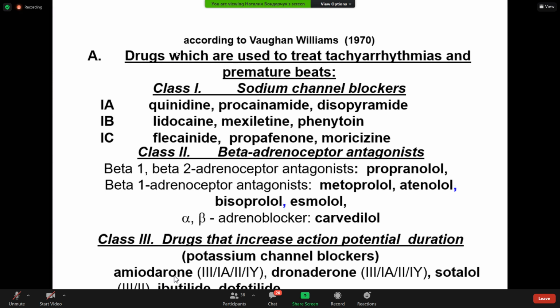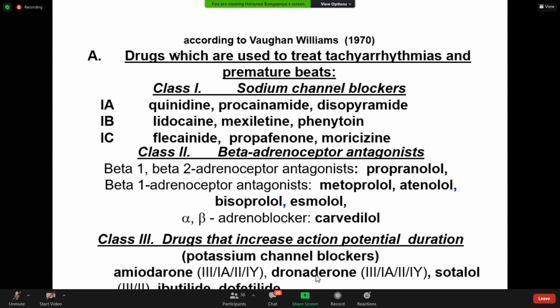But amiodarone is an older drug, so it causes so many adverse effects that nowadays dronedarone was investigated, with almost the same chemical structure, but without iodide in the chemical structure, as in the imidazole.